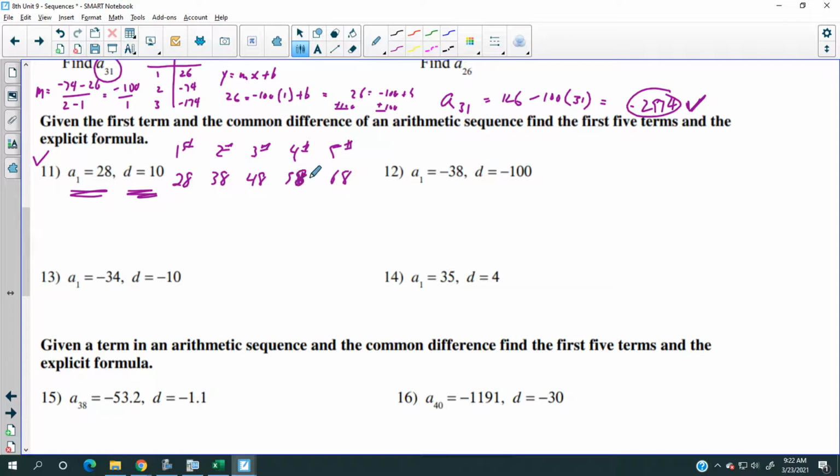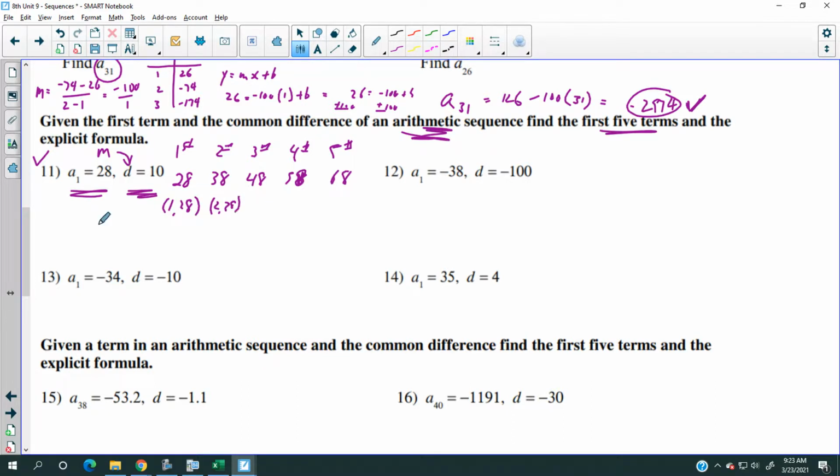As long as you understand the difference between arithmetic and geometric, that's at least 50% of the battle. So I answered the first one, the first 5 terms. What's the explicit formula? Well, they already gave us the difference, which is the slope. So thank you very much. I'm just going to use these points: 28, 38, and so on.